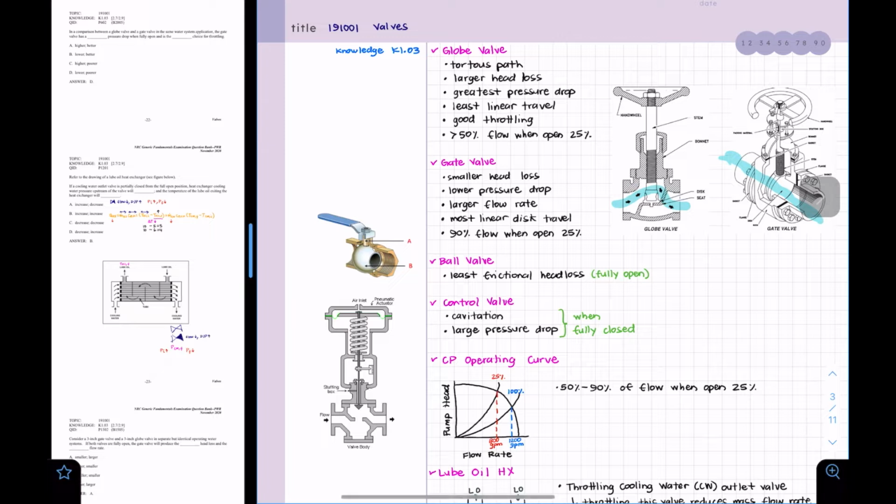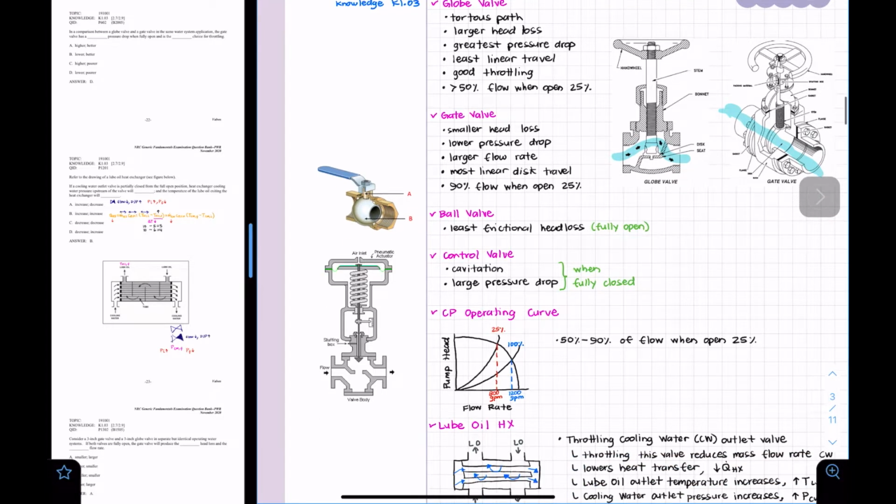So when we open the valve to 100%, meaning it's fully open, we're not going to let out twice as much, right? Because we are already letting out between 50 and 90% of the flow, so it's going to be less than double, as you can see in this example. It's always going to be less than double.